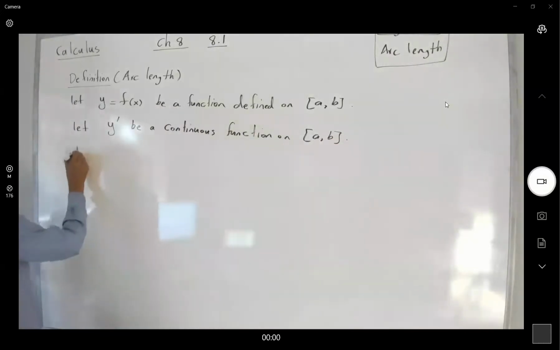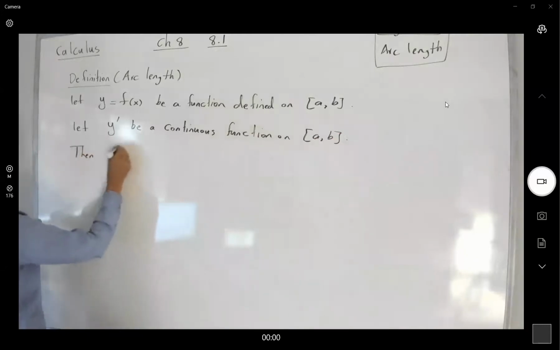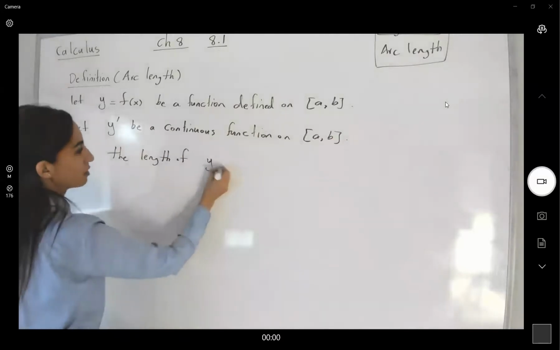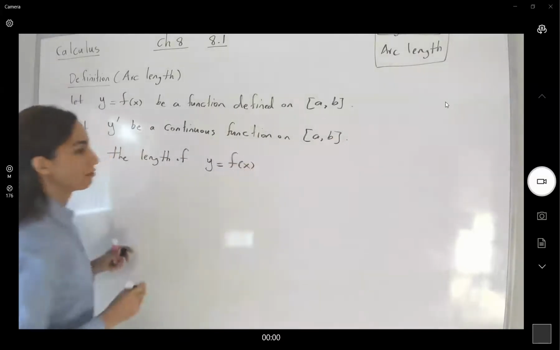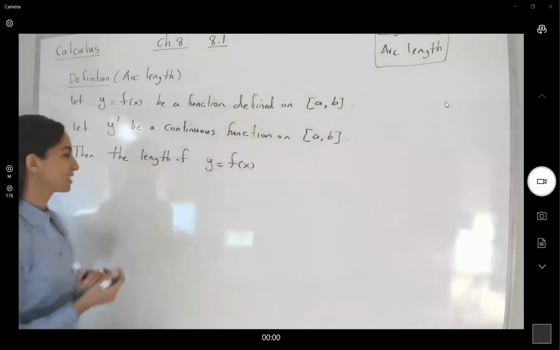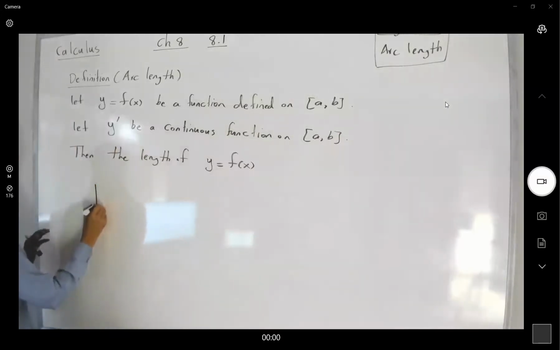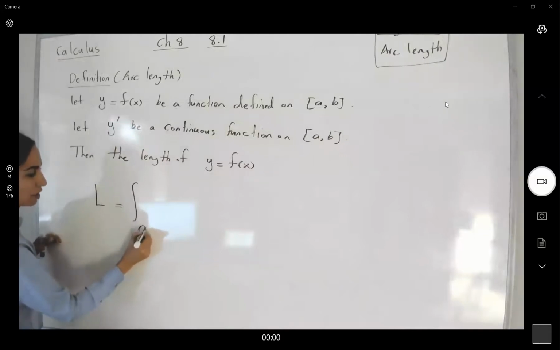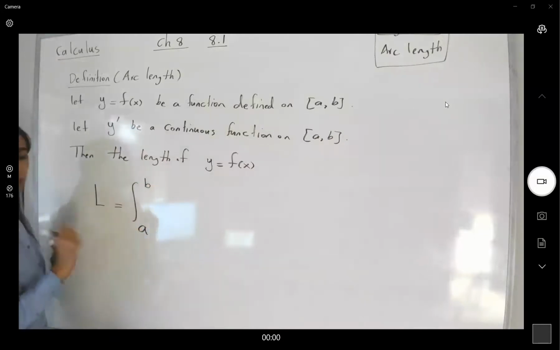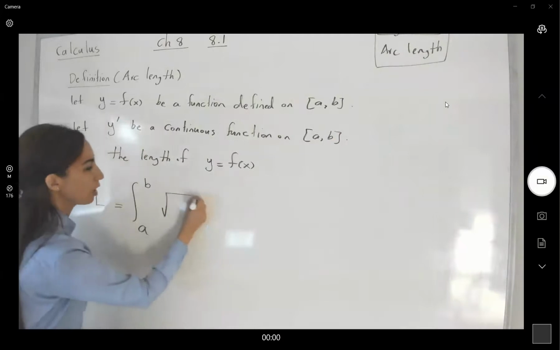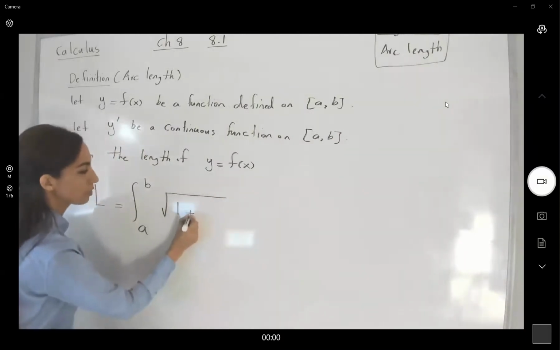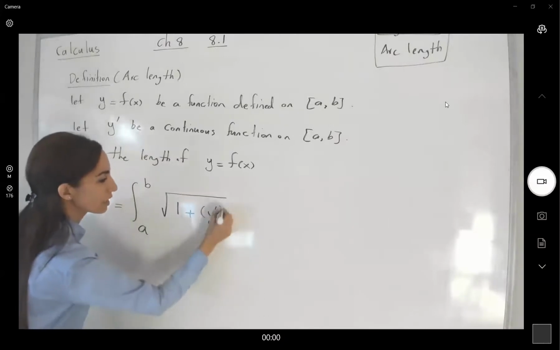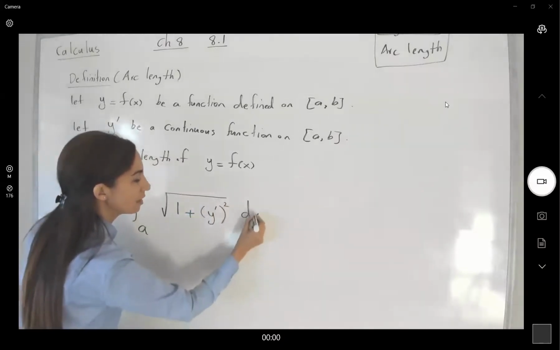Then the length of y equals f of x is denoted by L equals the definite integral from a to b of the square root of 1 plus the derivative raised to the second power, dx.